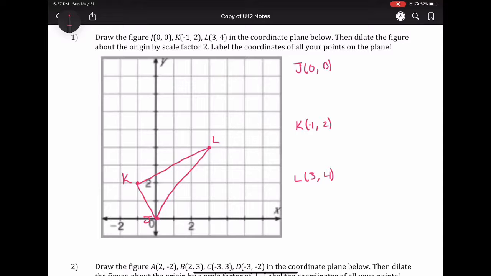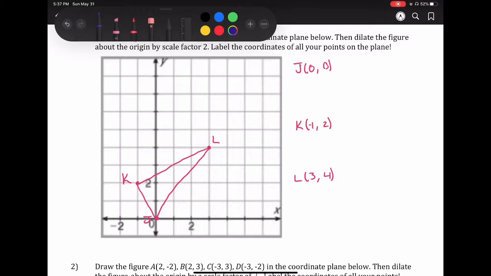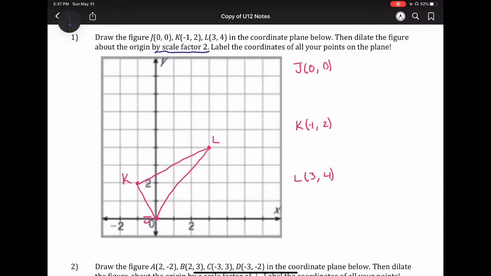All right, so we are increasing by a scale factor of 2. So I'm going to take the x and y from my point and I'm going to multiply them by my scale factor, which is k. So in this case I have k is equal to 2.